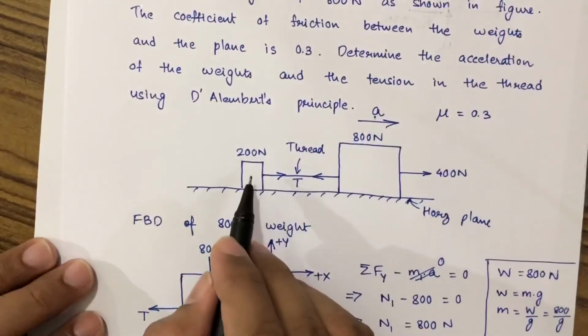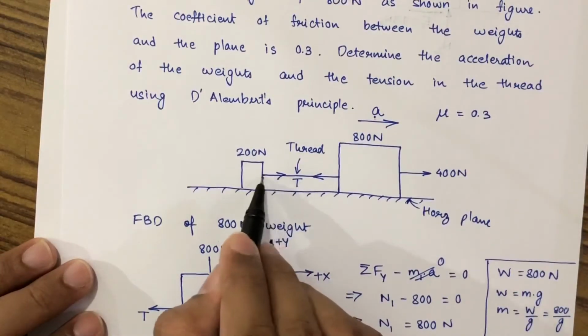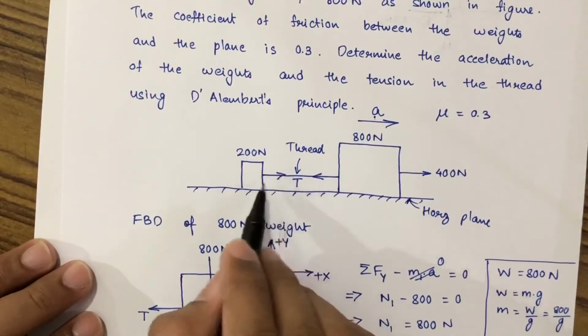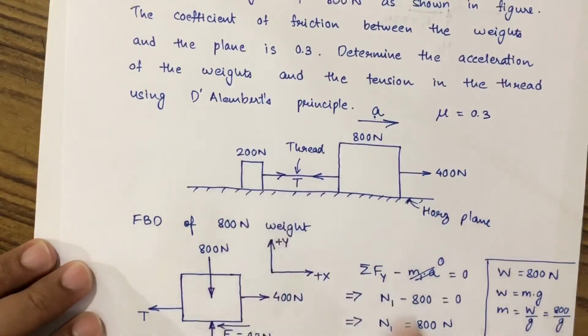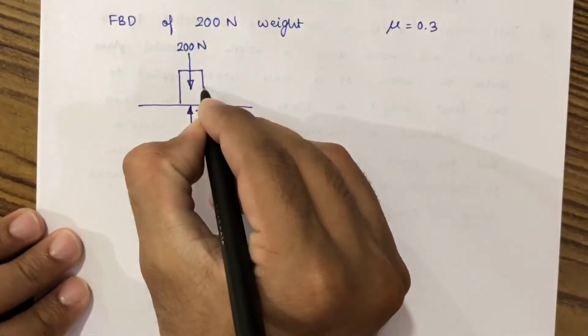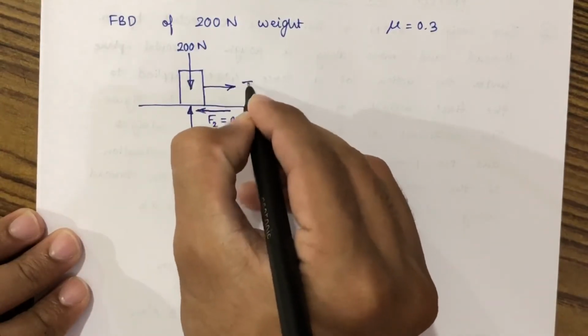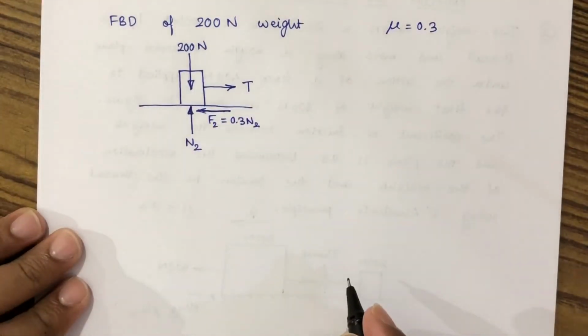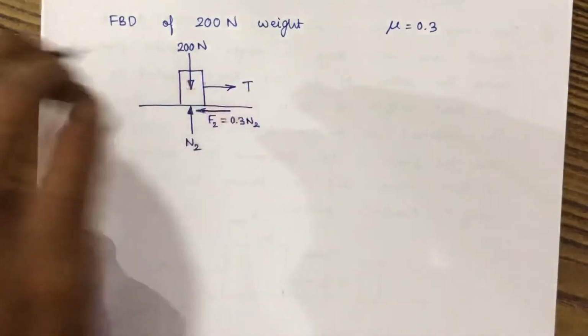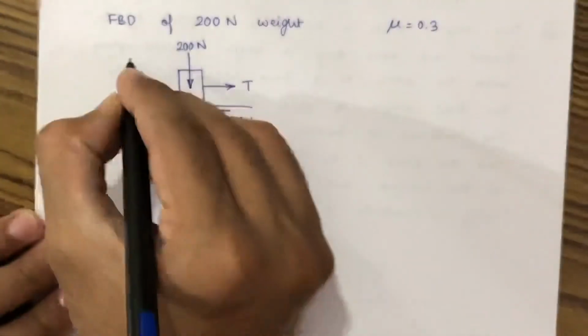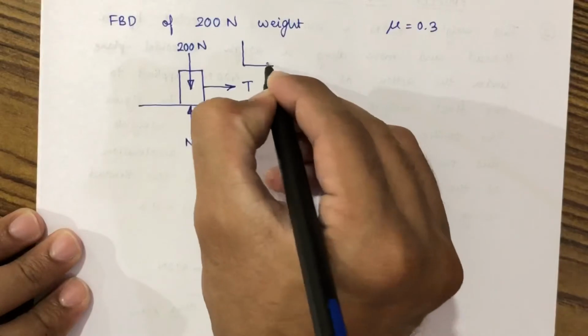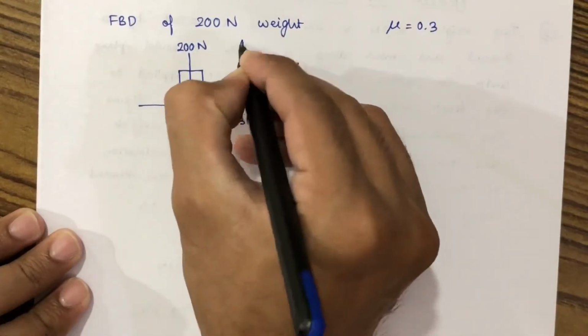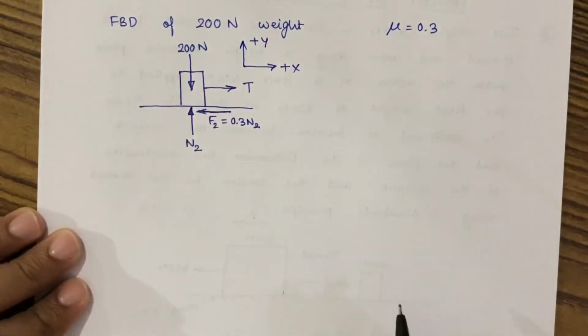Now here we can see that because of this thread, one tension will also pass through this 200 Newton. So this tension force will also be there in this direction. And as it is moving in this direction, let us say that this is the plus x direction and this is the plus y direction.